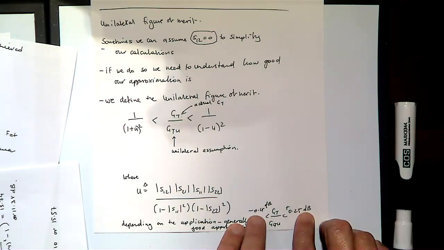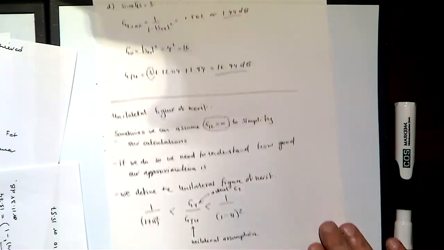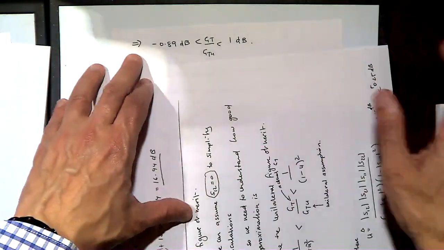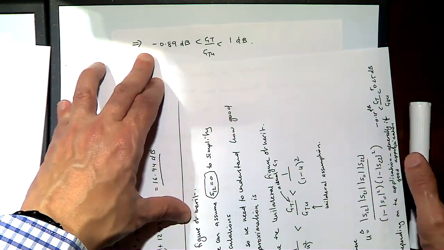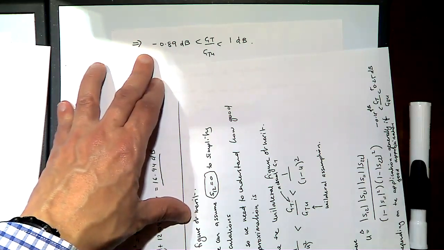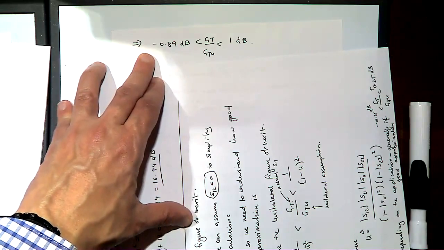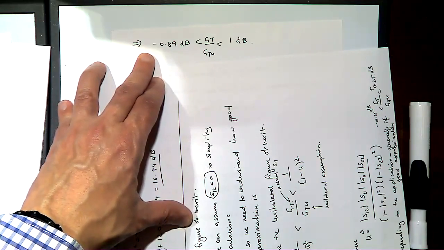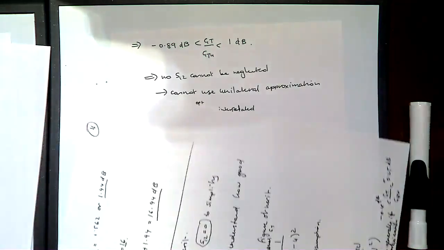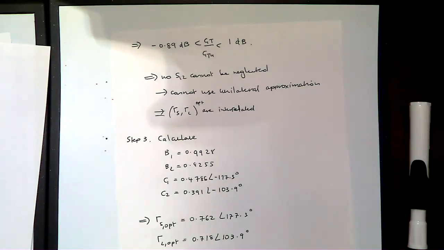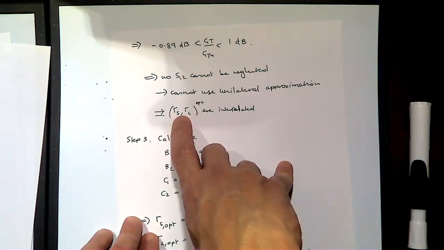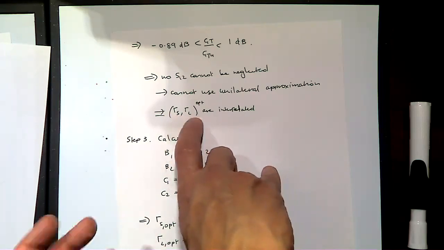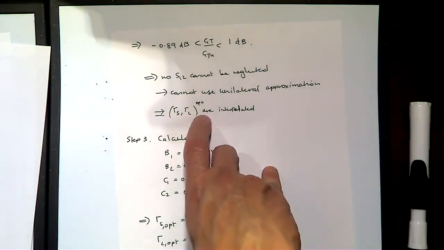In this particular case, we're about 1 dB, so under those circumstances, it's not good to neglect it. That's what I'm saying. Does that make sense? Okay. And what it also says is there's a relationship between the input and the output impedances.